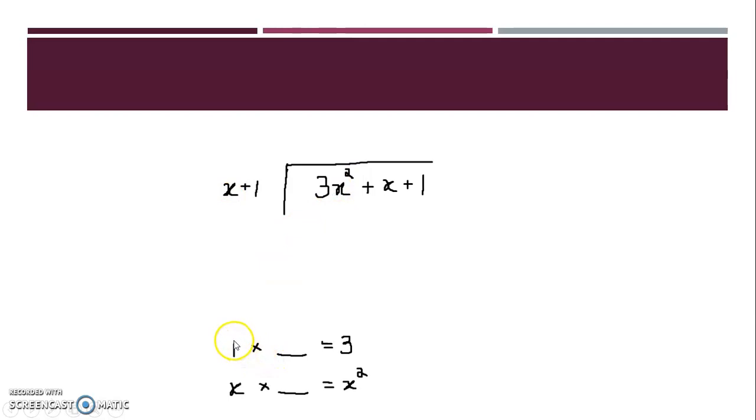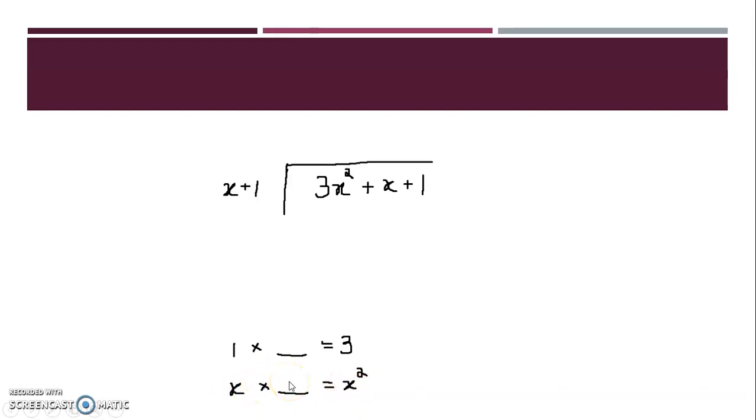So the term that we are looking for is, the first term is x, so that is 1x. Which number into 1 will give us 3? 3. What into x will give us x square?